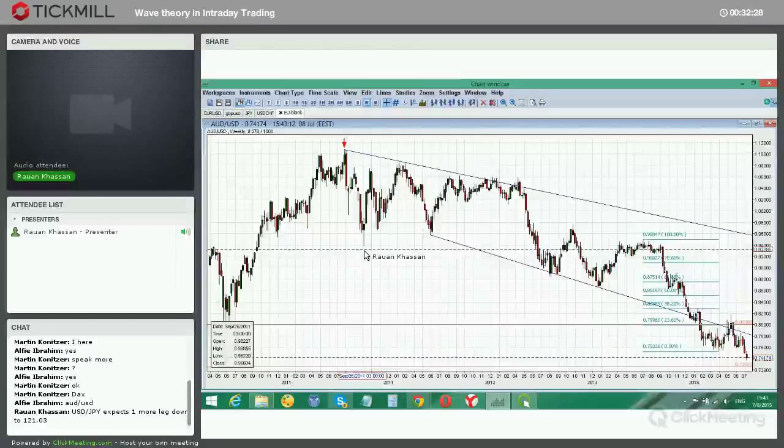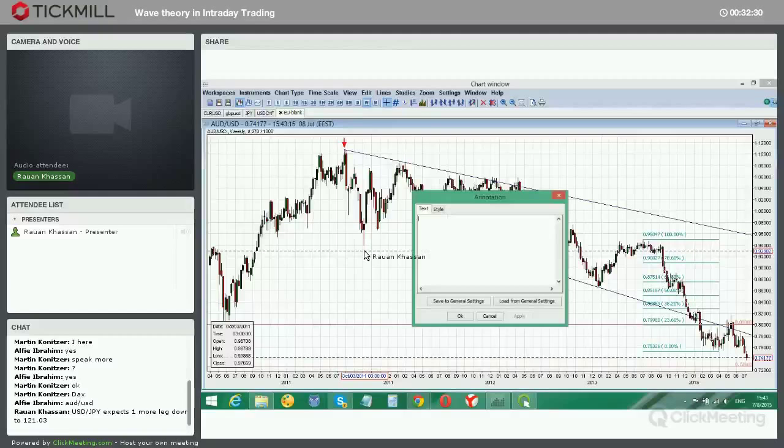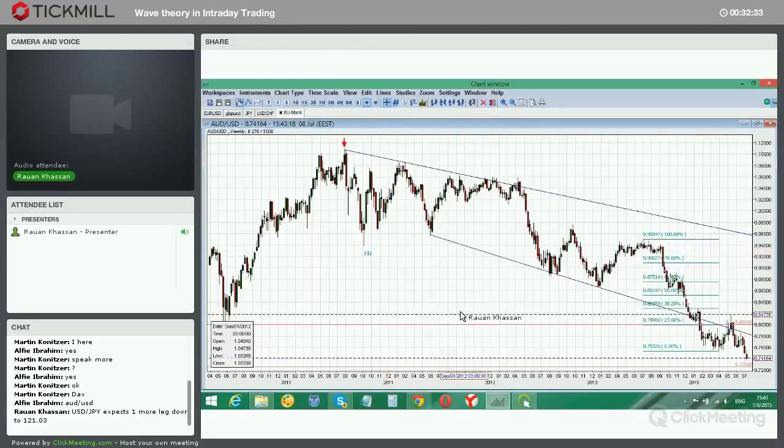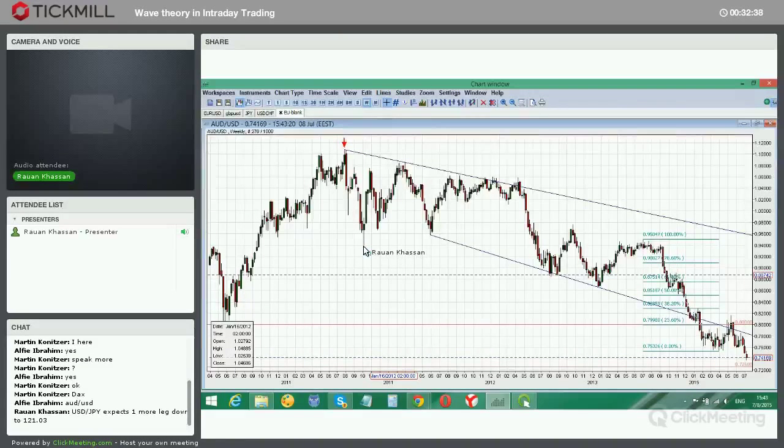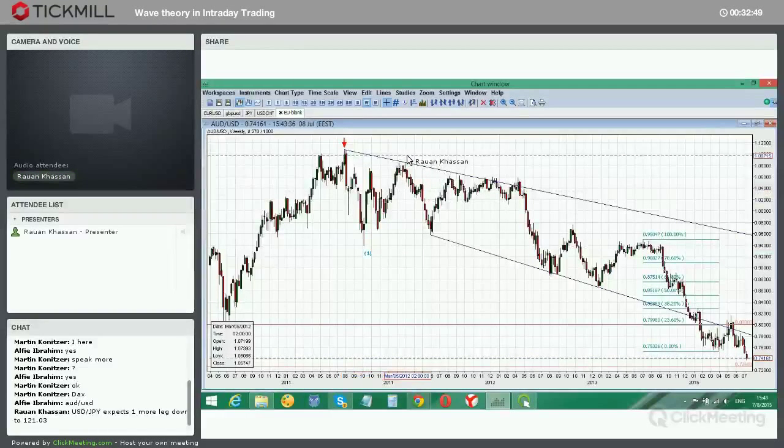In order to make it clear, we see extreme levels. The first extreme level is the bottom of October 2011 at 0.9386. A clearly visible following top is in February or March 2012 with the high of 1.0856.